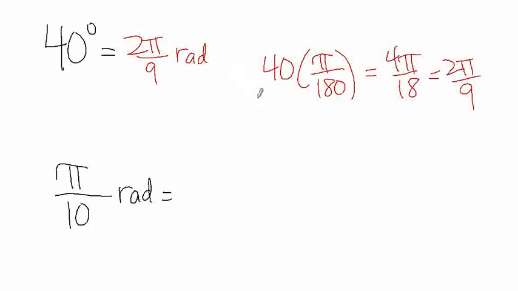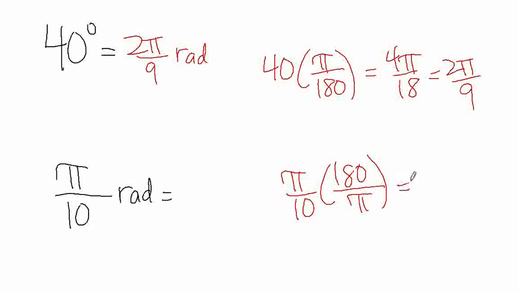Now, for pi over 10, let's multiply that by 180 over pi. The pi's cancel, and we get 18 after some simplification. So pi over 10 radians is equal to 18 degrees.